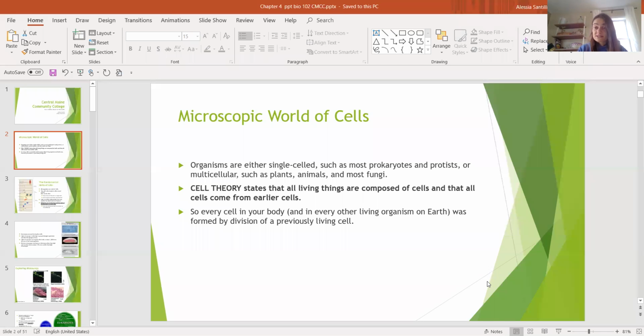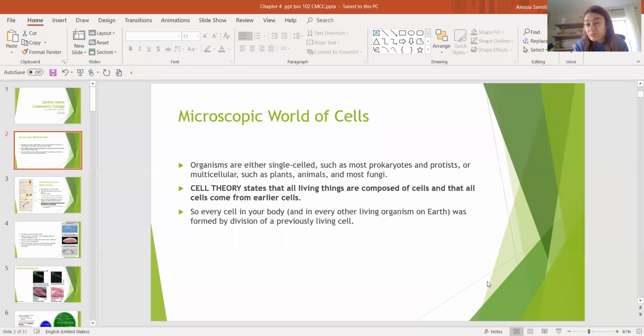Okay, so organisms are basically made out of cells. This is what the cell theory states. The cell theory is basically a theory that states that all living things are composed of cells. Now, these living things can be composed of one single cell, and that can constitute a living organism for some organisms, and other organisms can be made out of multiple cells.